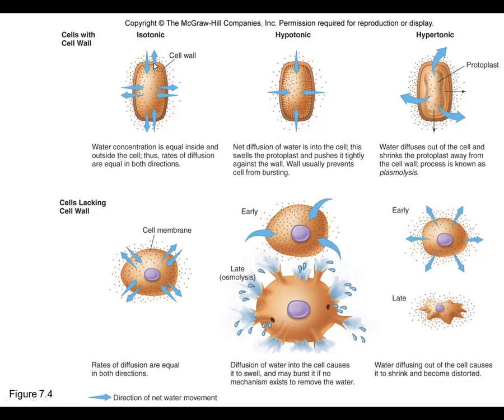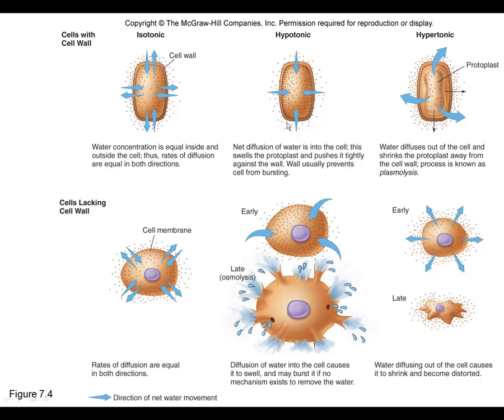If I have equal concentration inside the cell to the outside the cell, that means water is going to flow in and out with no problem. Okay, here is a cell that's lacking a cell wall. This would be a human cell. If you put some kind of human cell in an isotonic solution, an isotonic bath, water flows in and out in equal measure and nothing happens to the cell.